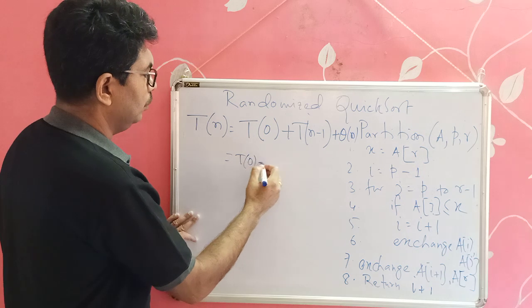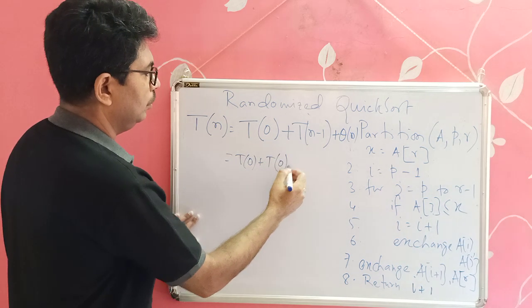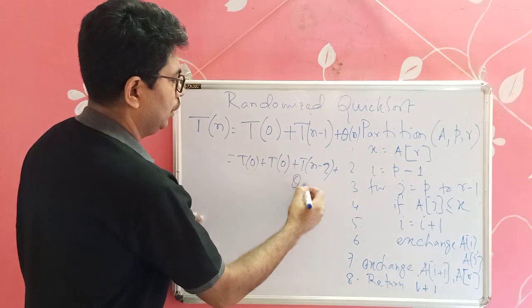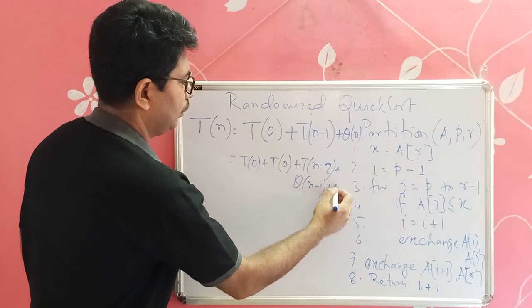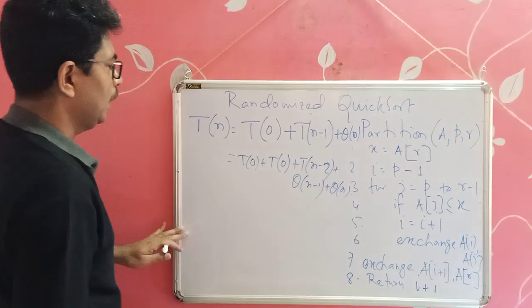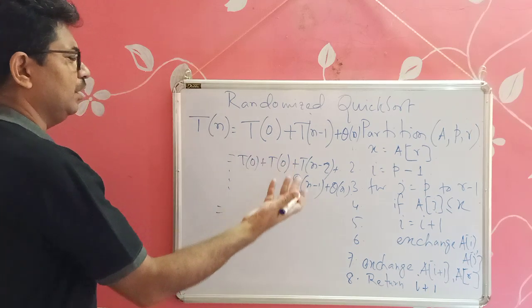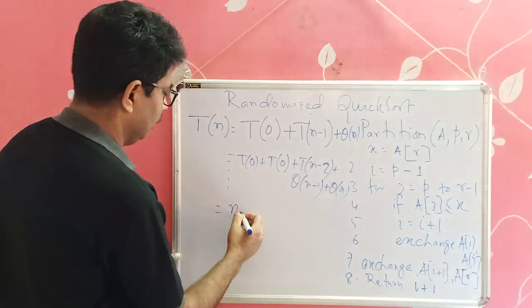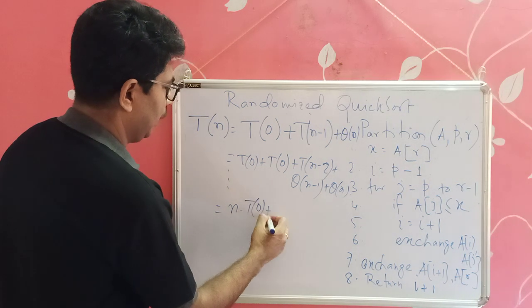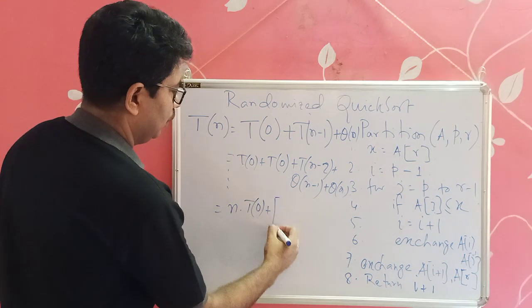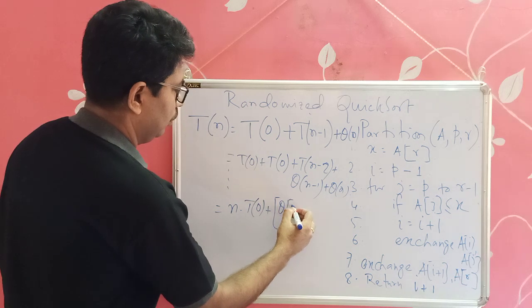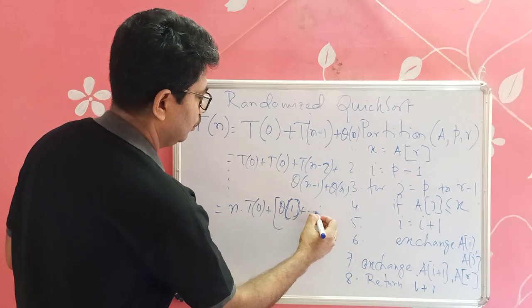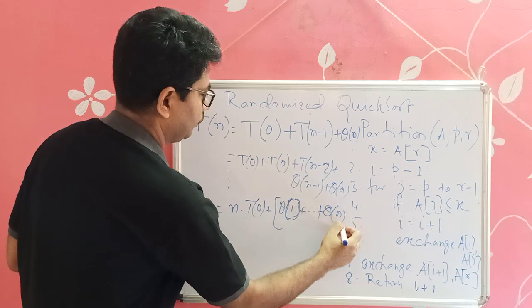Again T(0) plus T(0) plus T(n minus 2) plus theta of n minus 1 plus theta of n. Similarly, if we go on, we can consider T(0) as 1. So it will be n into T(0) plus theta 1, theta 2, up to theta n.